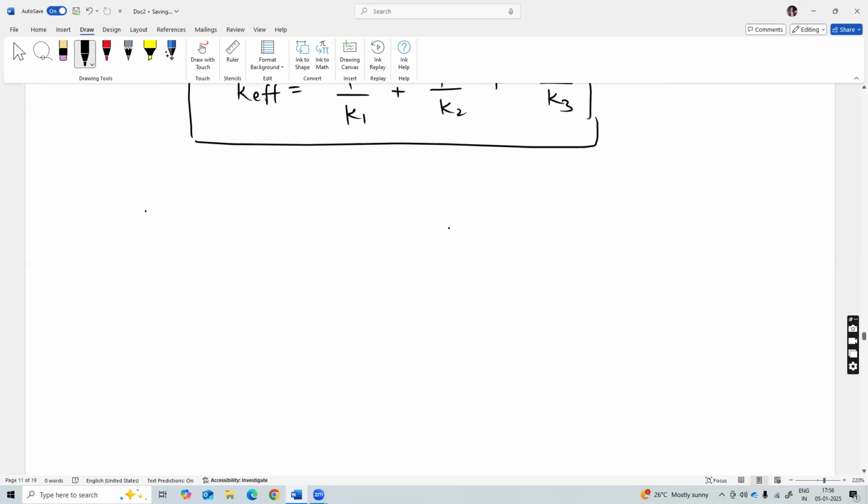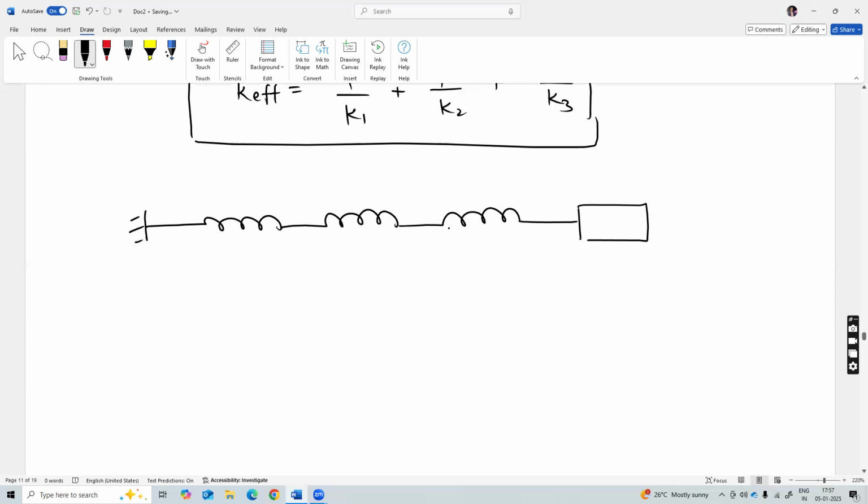Now let's say we have a question. We have three springs connected in series, where the spring constants for all springs are given.